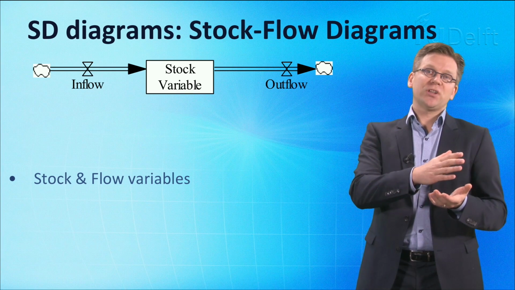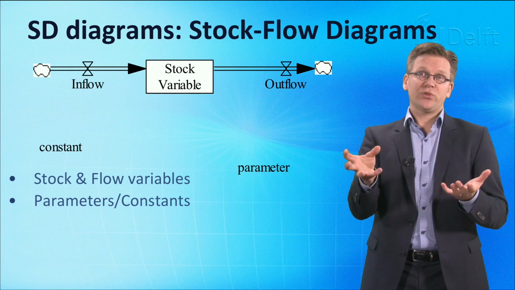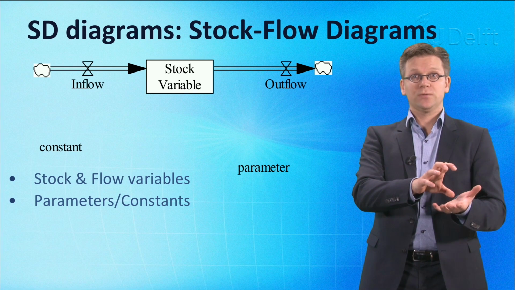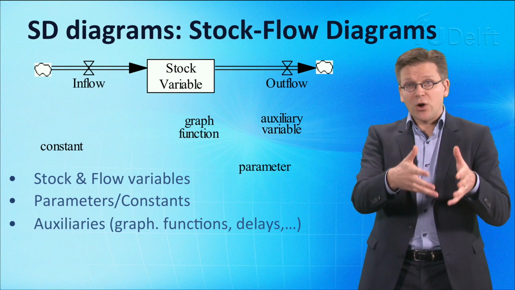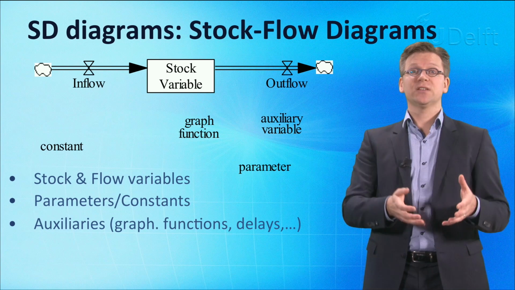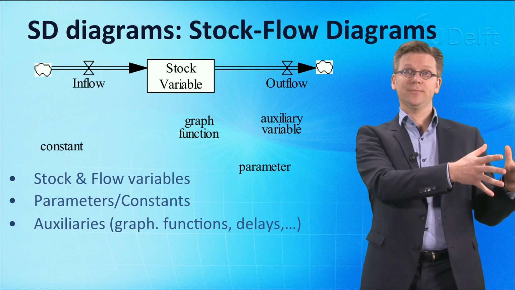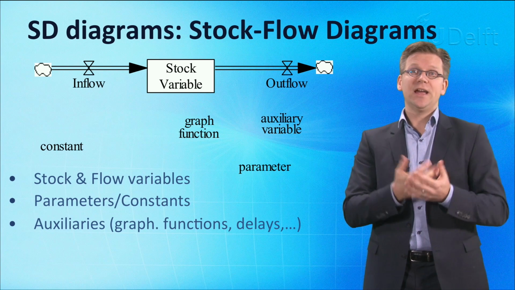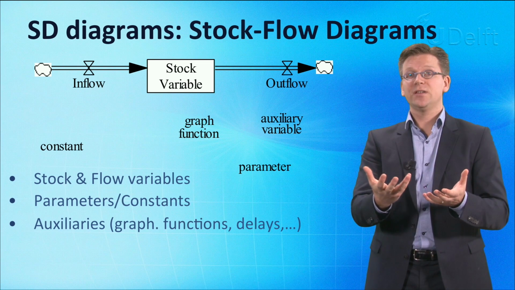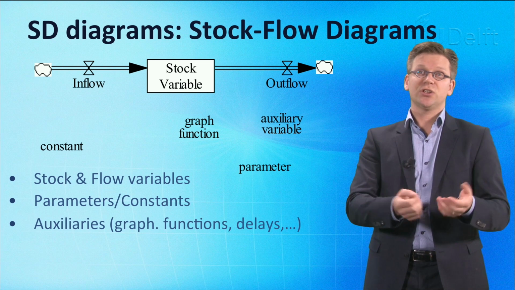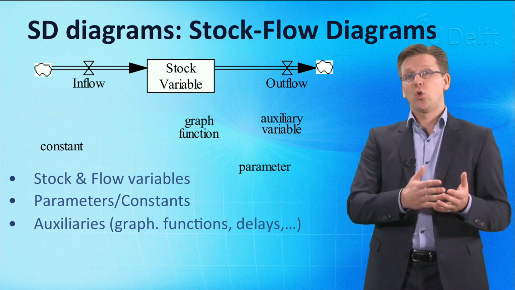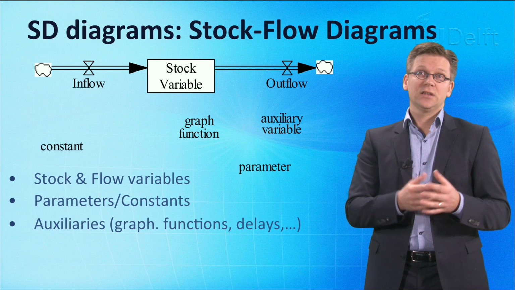Apart from stocks and flows, constants and parameters are also included in these models. And auxiliary variables are included to build models that closely correspond to the real-world system. Auxiliary and flow variables often contain very specific functions, such as nonlinear graphical functions or delay functions.